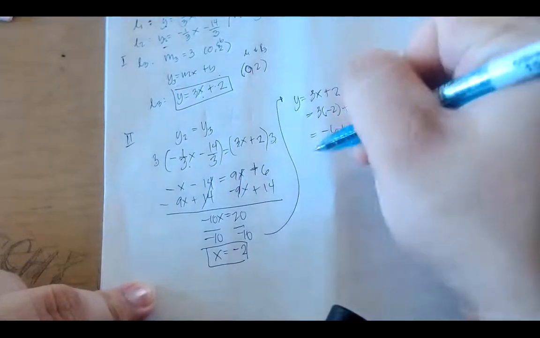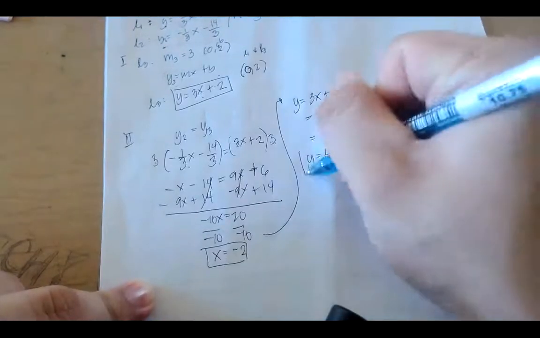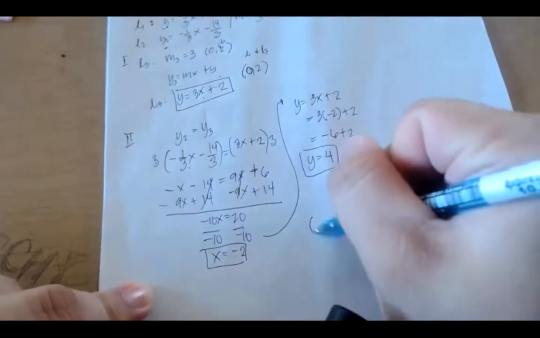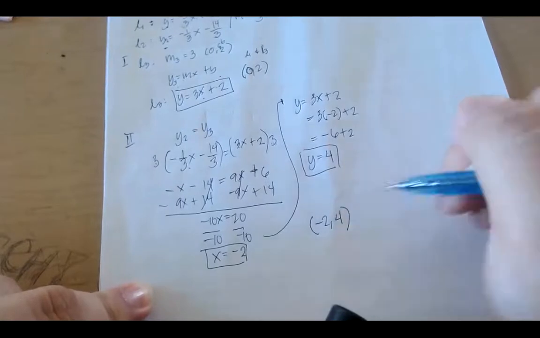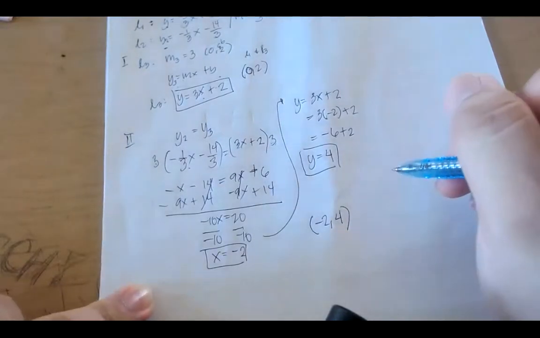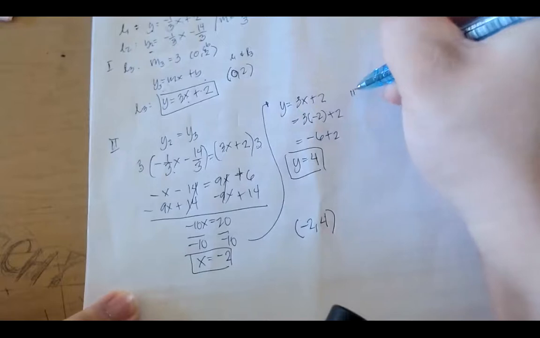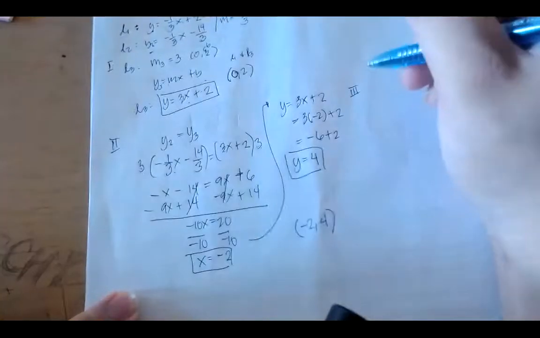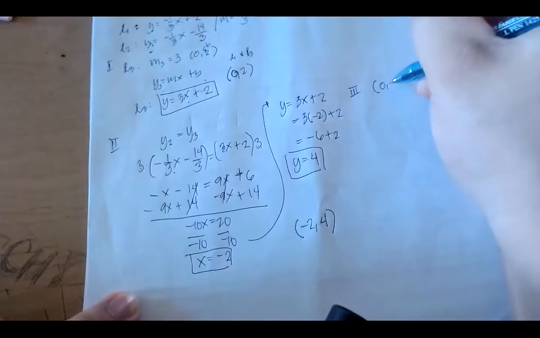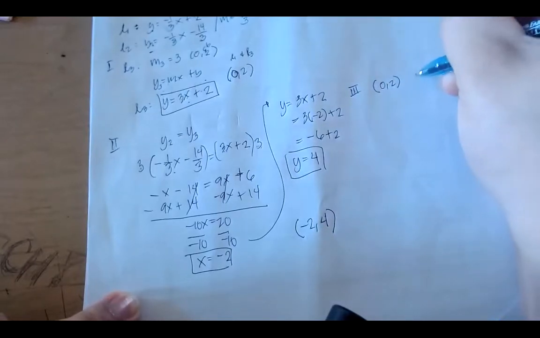So y is equal to negative 4. So that means our second intersection is at negative 2, negative 4. Okay, so now the final step is to solve for their distance, because that's what we're solving for, using the two ordered pairs that we have.